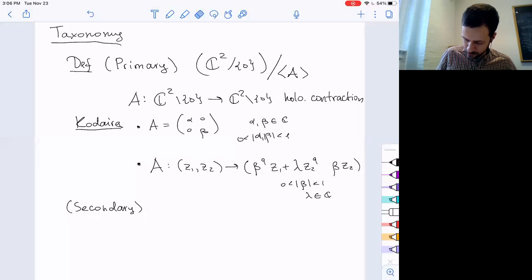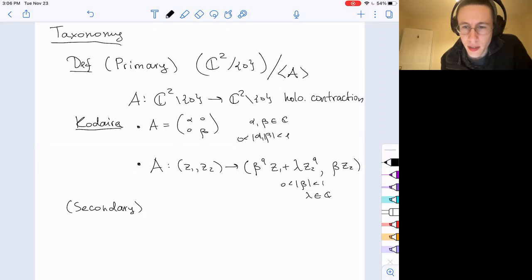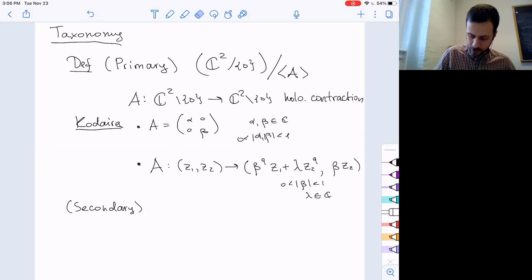It's a comma, sorry about that. And that's beta to the Q. Q is just some power, a positive integer power.